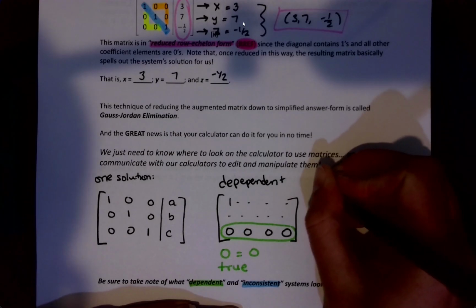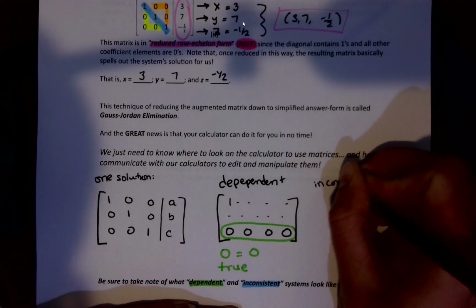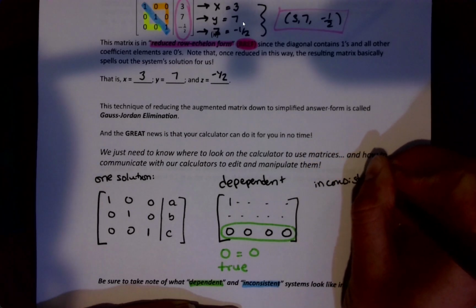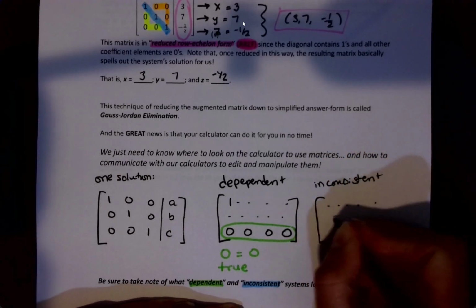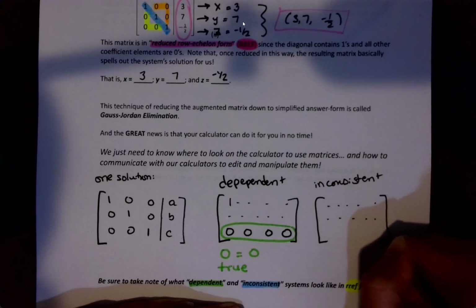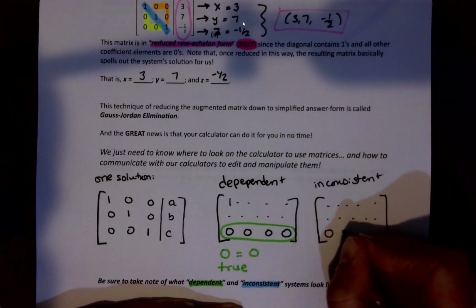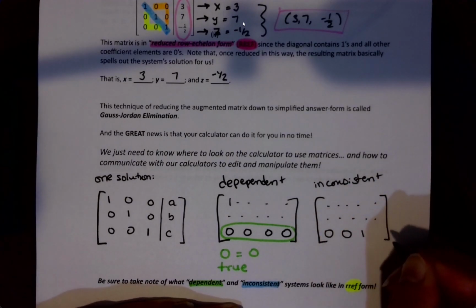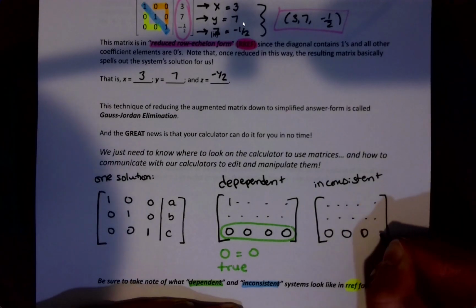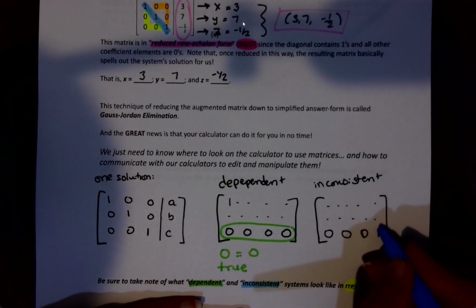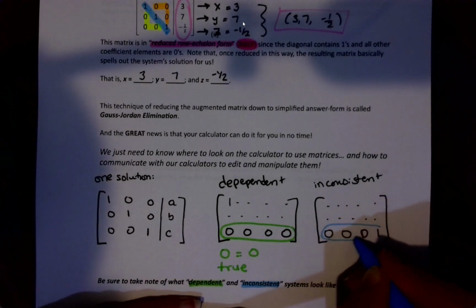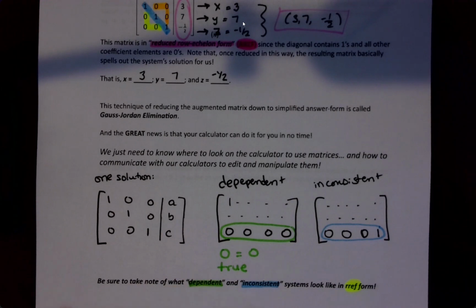The other possibility is an inconsistent system. Again, you'll have something across the top and middle rows, but what you'll notice is in the bottom row, you'll get something like 0, 0, 0, and then 1 there. The important piece about this is that the 1 is on the far column, meaning the solution value.